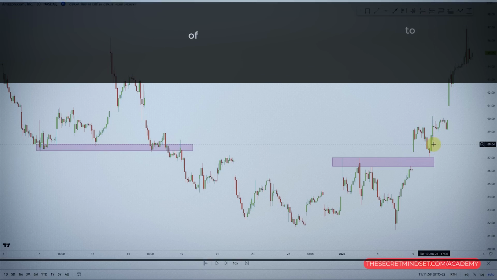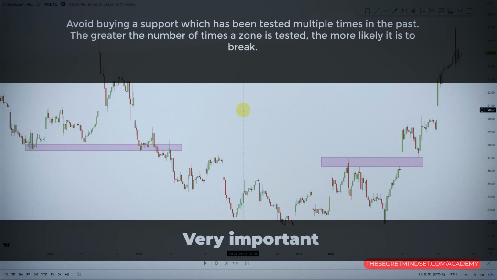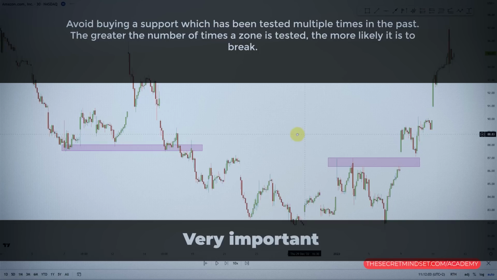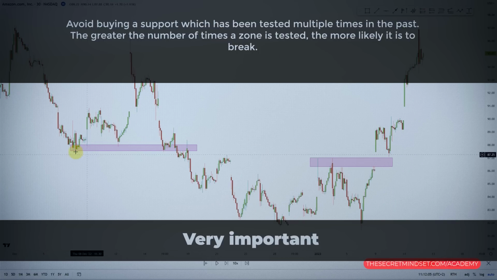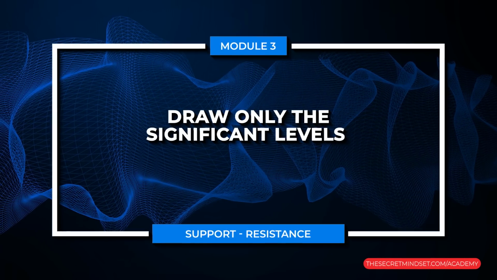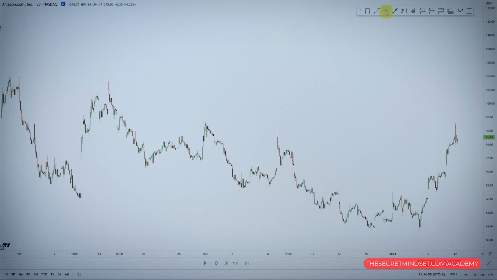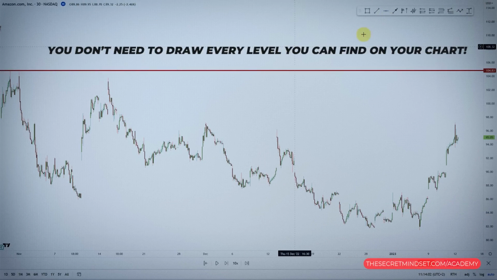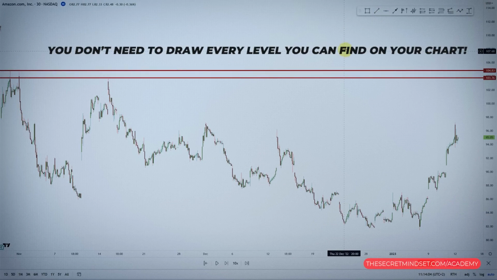Personally, I avoid buying at a support which has been tested multiple times in the past. The greater the number of times a zone is tested, the more likely it is to break. Once all buyers have gone, price can move through that level to the next area. Now, you don't need to draw every level you can find on your charts.